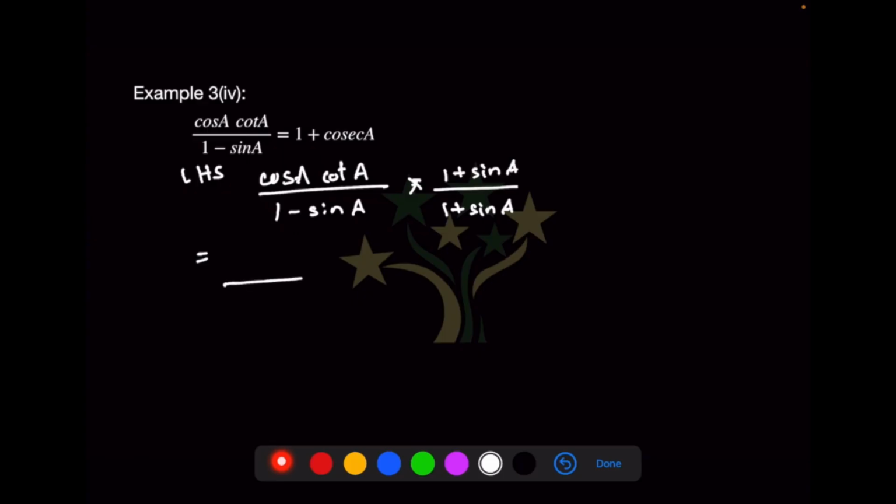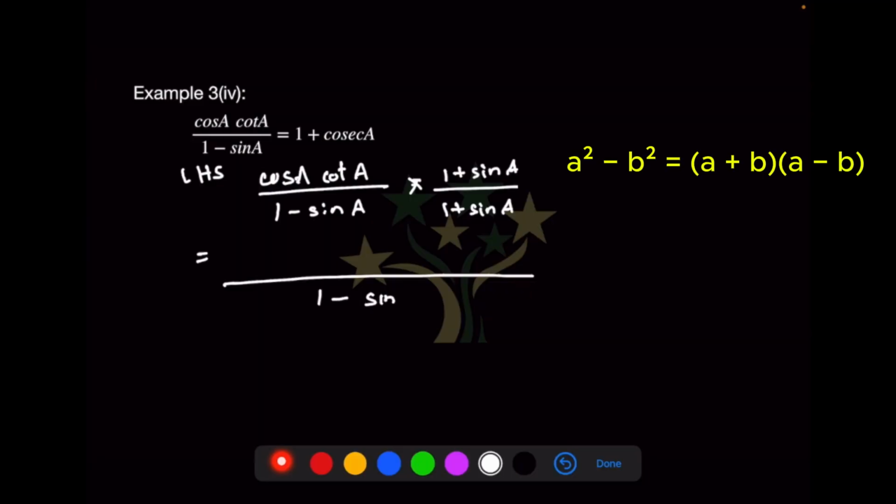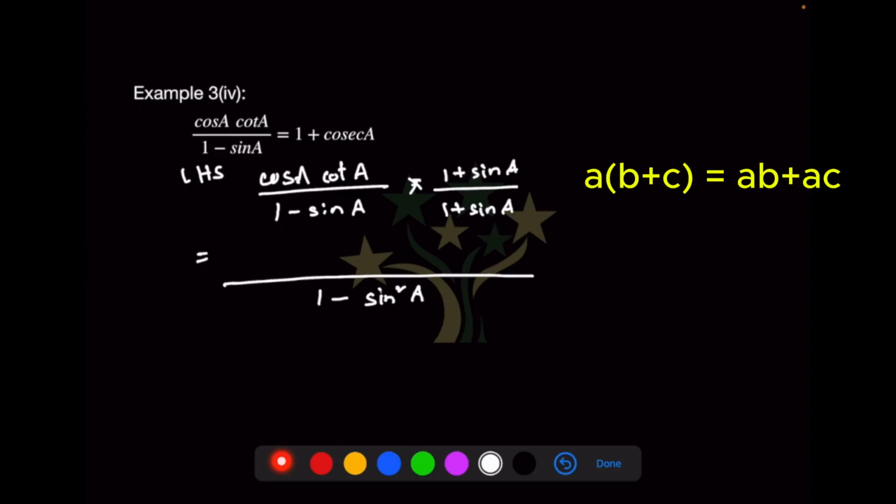What do we have in the denominator? We have A plus B into A minus B gives us A square minus B square, which is 1 minus sin square A. And in the numerator what do we have? Cos A cot A into 1 plus sin A. So we can open the brackets here.